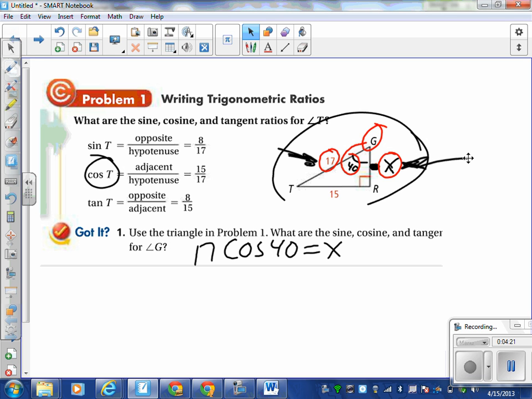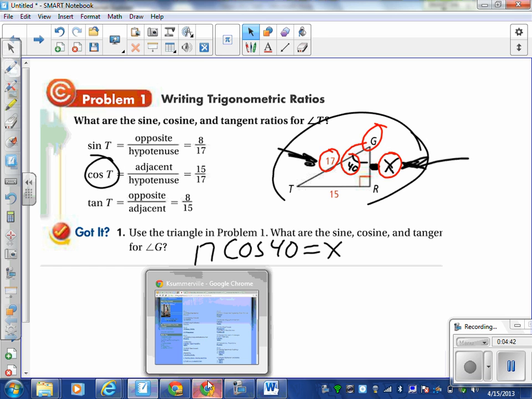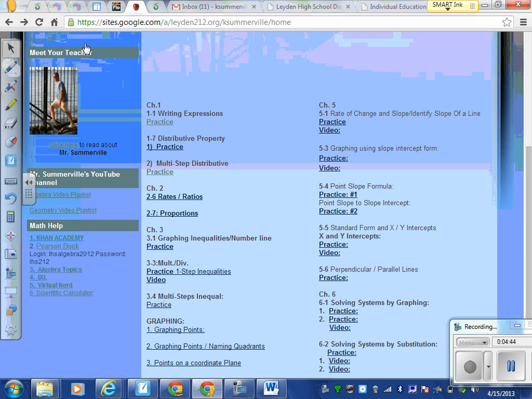So you put that in the calculator, and that's what you would get. 17 cosine 40, and then you would get your answer. So you go to my website, plug in that information, and do that. I'm going to try to put this on here. Maybe you did see it last time. I'm not too sure.